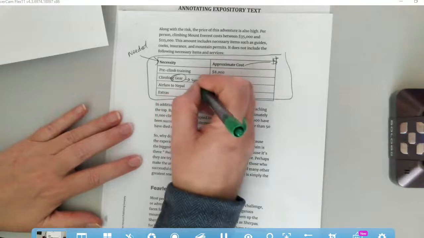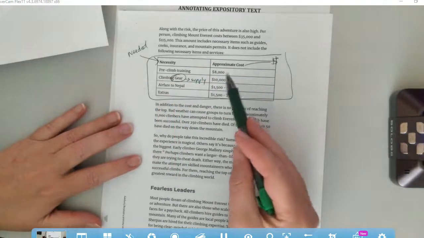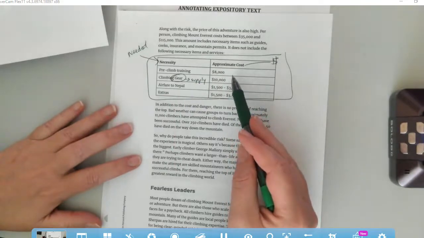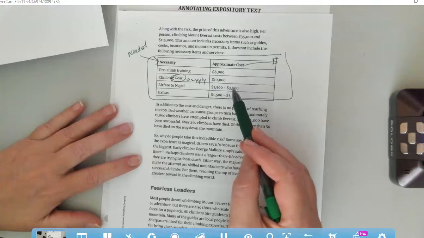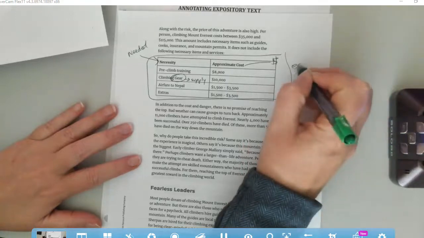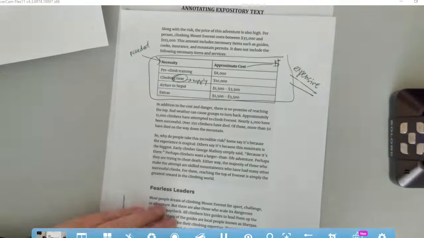I know that that's a supply. So this is telling me how much it would cost to climb the mountain. Wow, that's a lot of money. This feels expensive already.